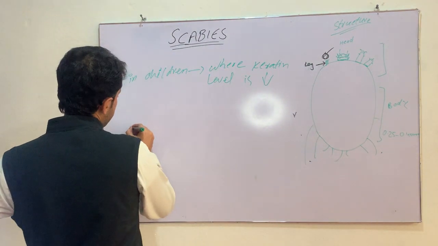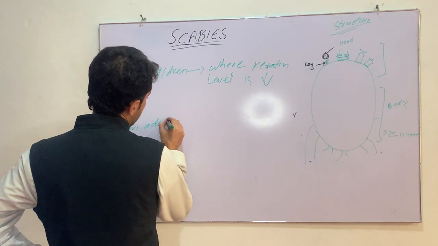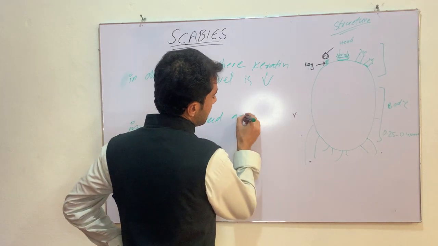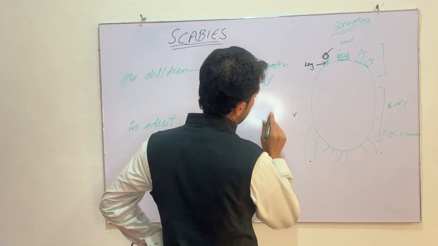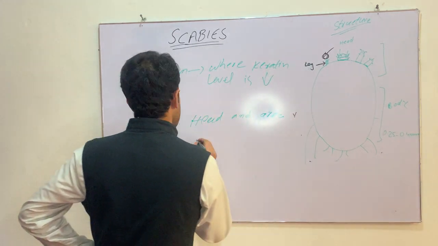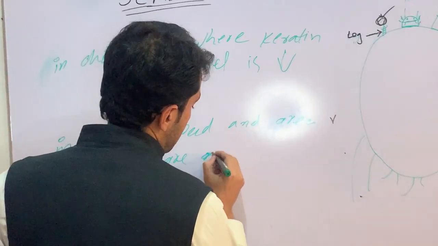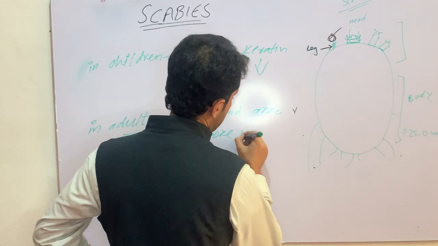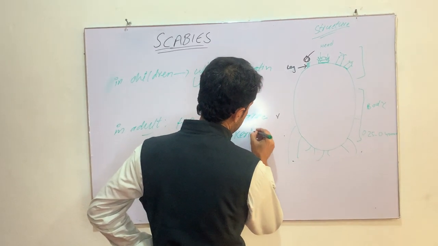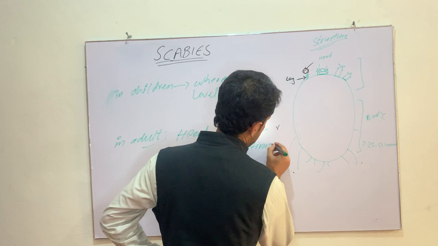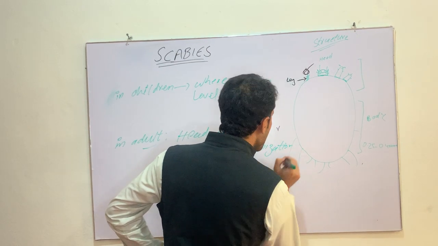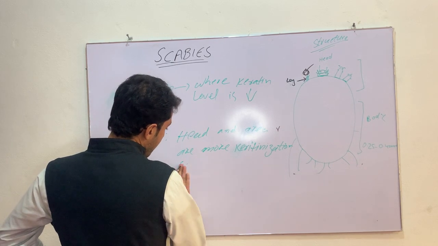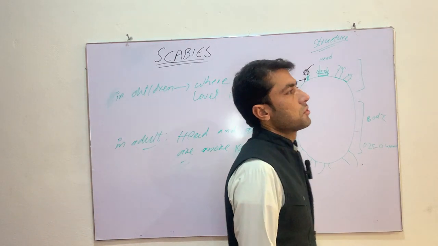And in adults, the head and neck areas have more keratinization, so due to the higher keratin level, Sarcoptes scabiei cannot easily burrow.